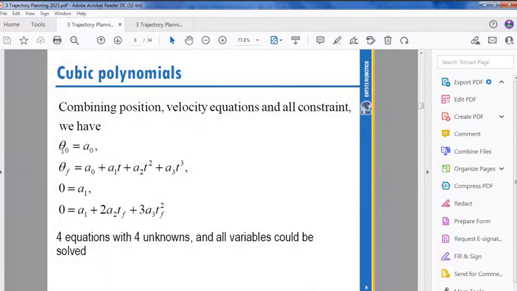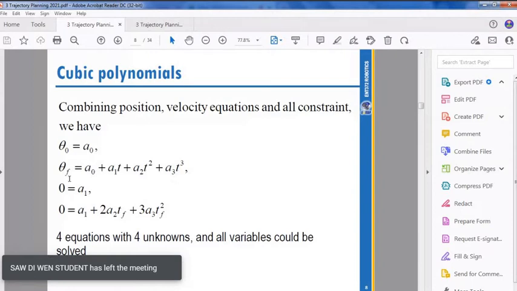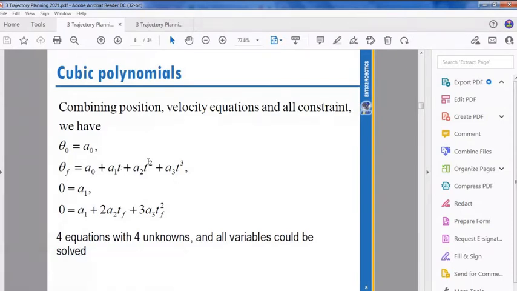Theta 0 may be 0 degrees, maybe 10 degrees, maybe 20 degrees, because this is a variable. So A0 equals theta 0. Theta final, the position at theta final, depends on time. Maybe your time is 1, so replace t equal to 1. So theta final equals the main equation.